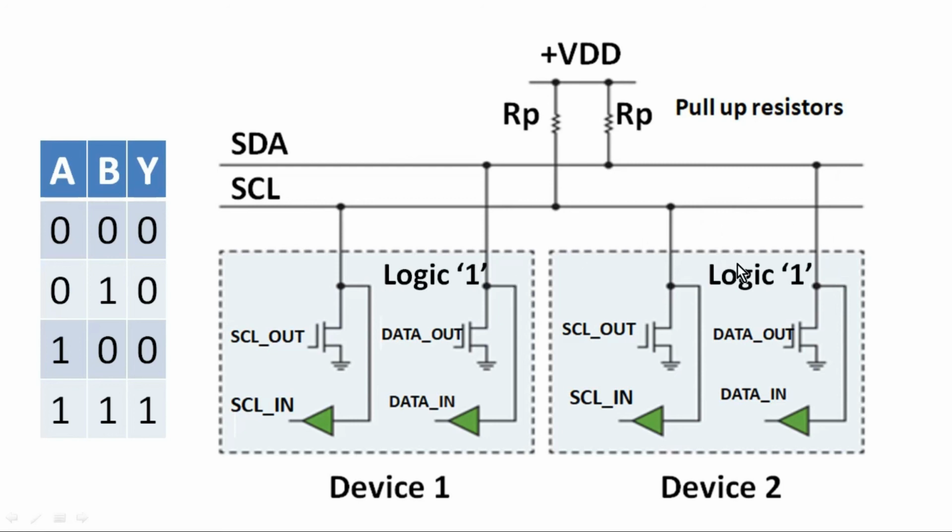Because all the devices are trying to make the status logic 1, that means this SDA line is floating from all the devices. We can say that no device is driving this SDA line, but because this SDA line is connected to VDD through this pull-up resistor, the status of this SDA line will be logic 1. And this behavior is aligned with the truth table of an AND gate.